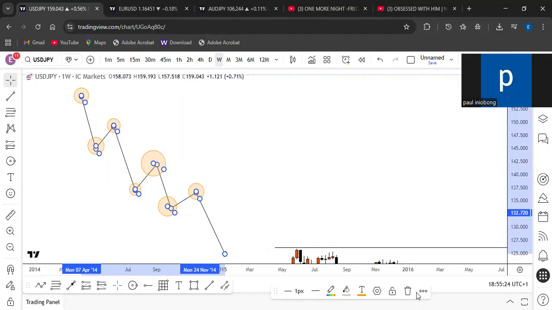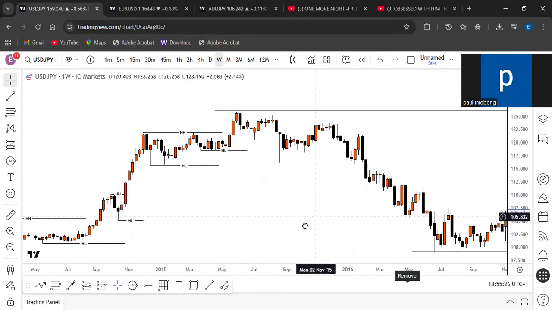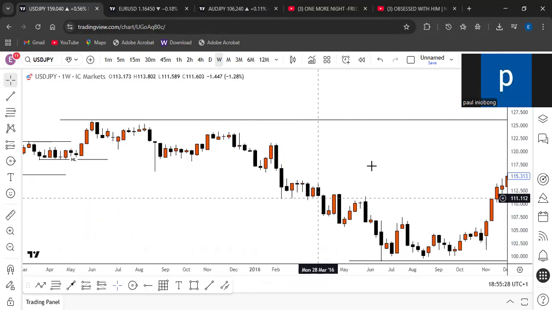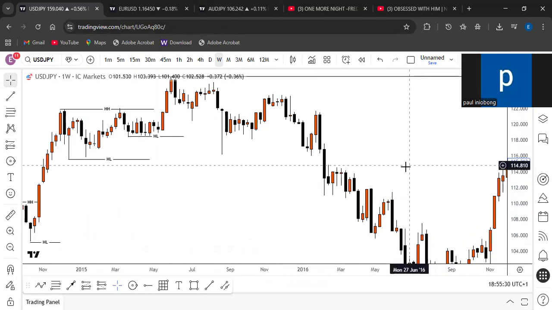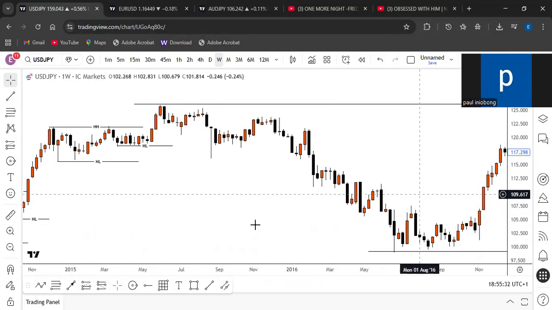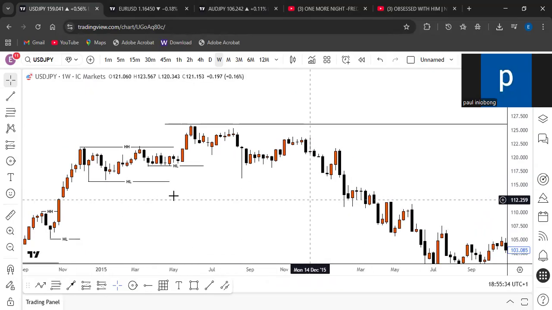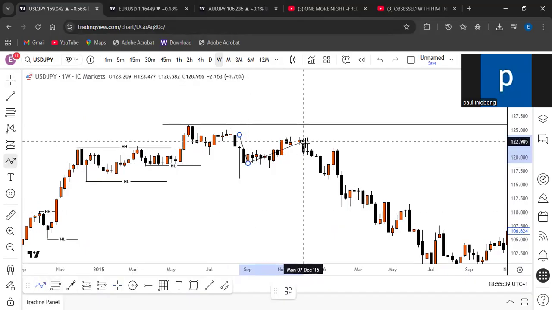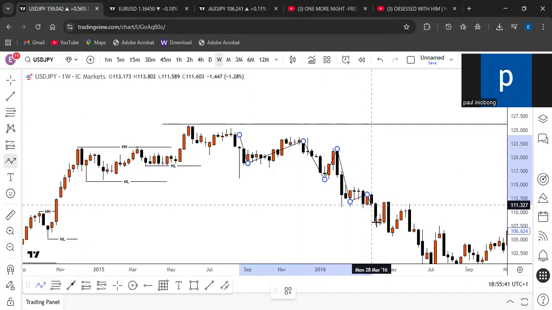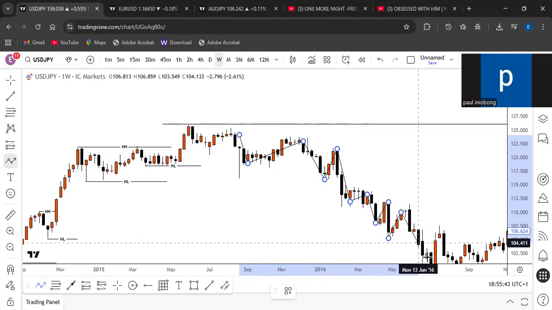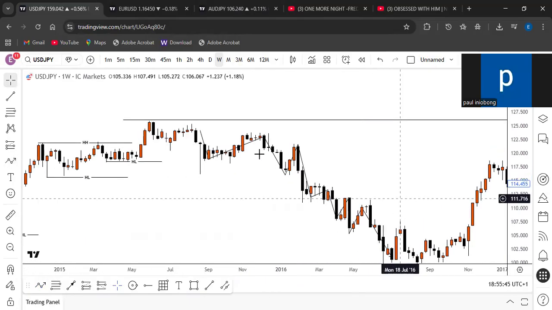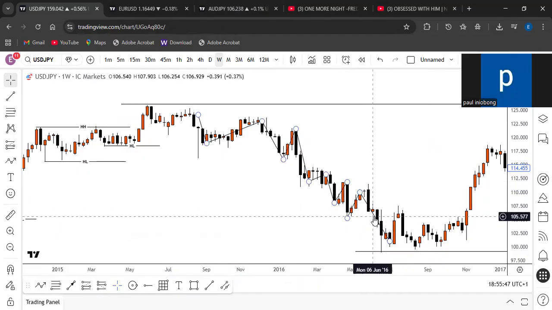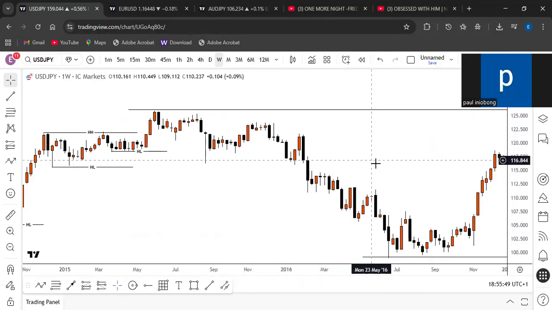Okay. So let's look at this little pullback. Can we now leverage on it? Yes, I can, perfectly. So let's look at it. Based on that diagram that we just talked about, we can make do with this little drop.